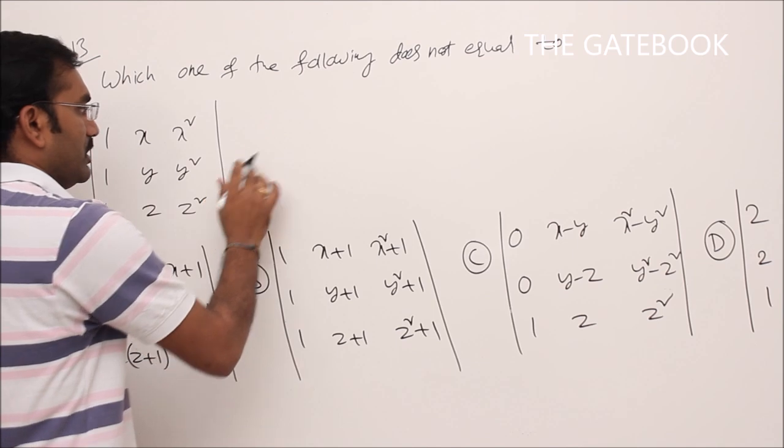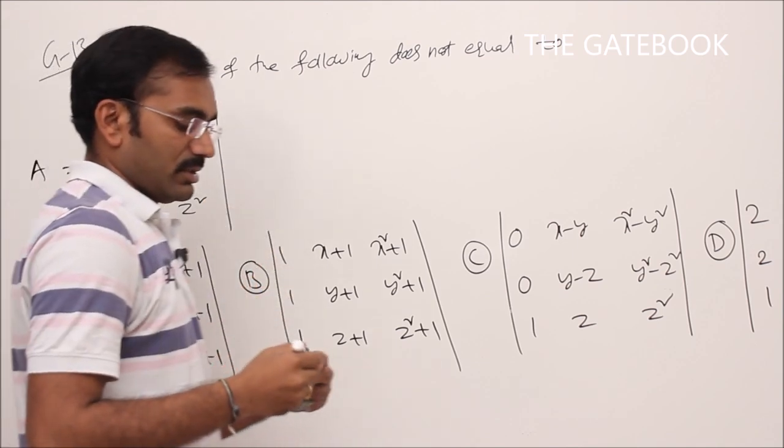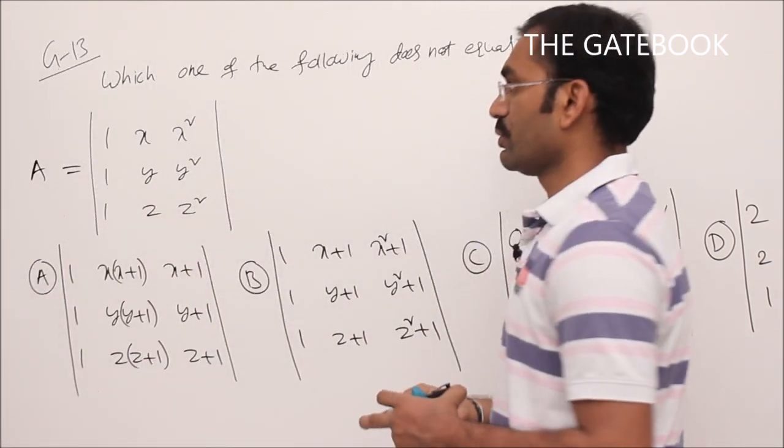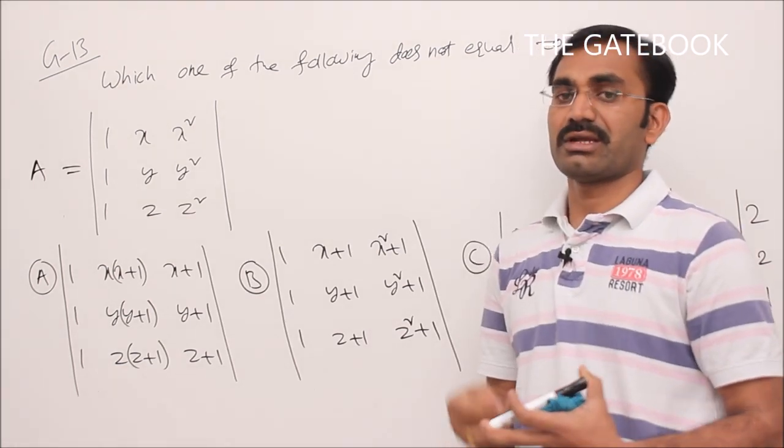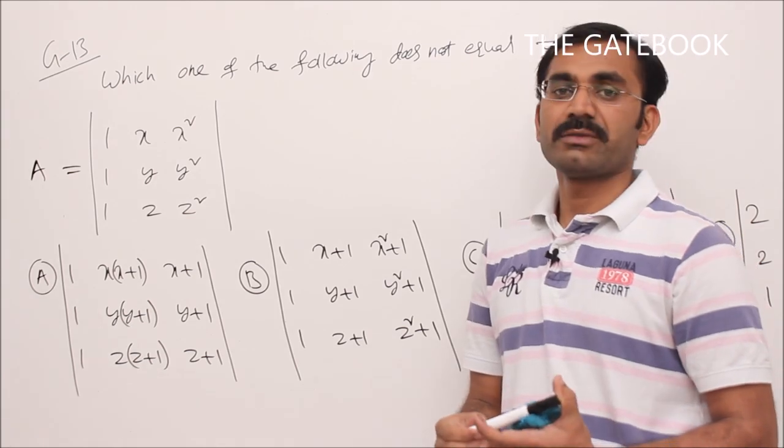Now let us consider a property I stated earlier. If elements of any row or any column are added with a constant multiple of the corresponding elements of any other row or other column, then the value of the determinant is unchanged.